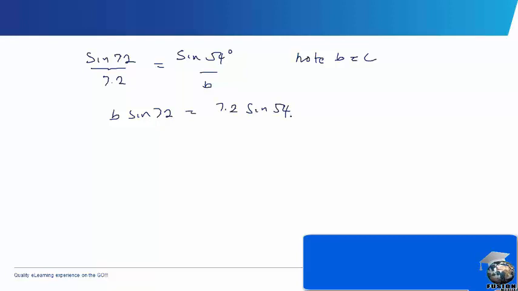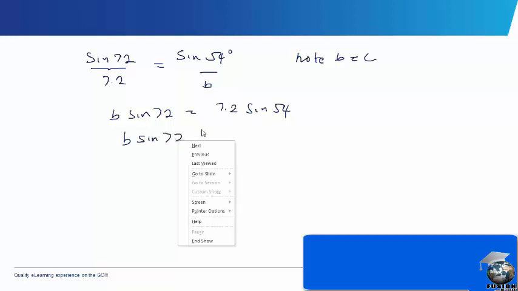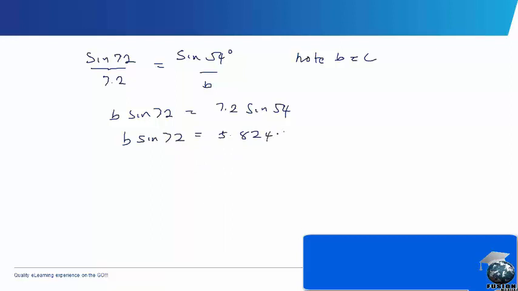Let's do this quickly. We have that 7.2 sine 54 is equal to 5.8249.